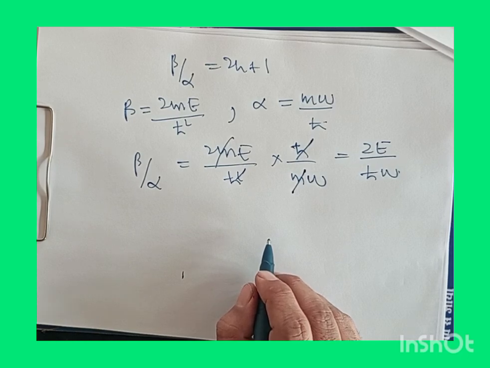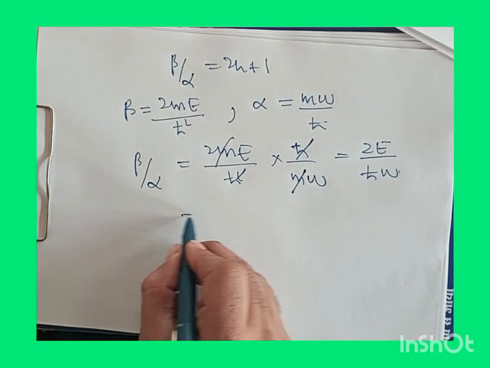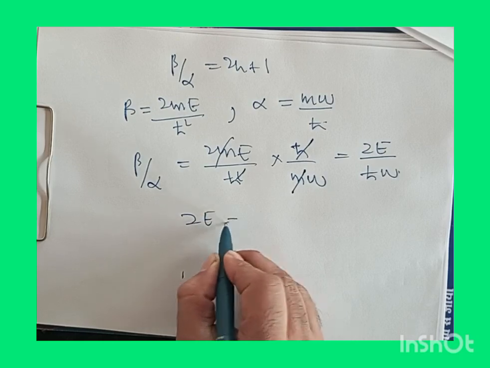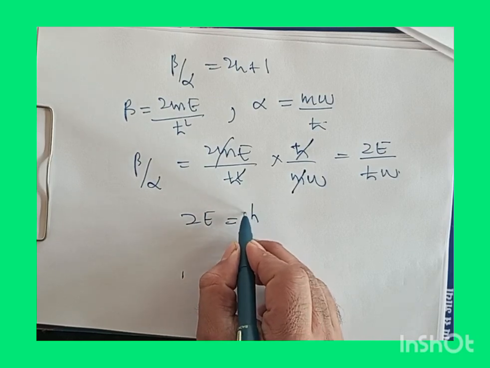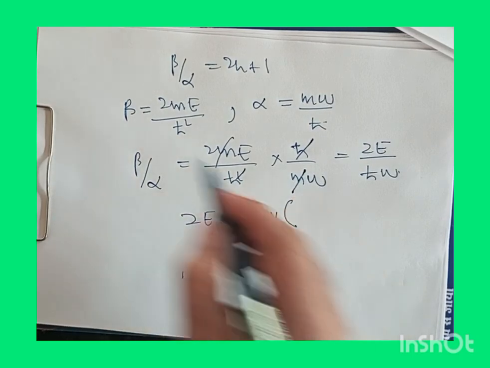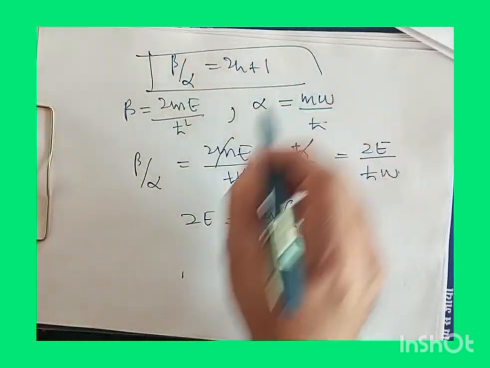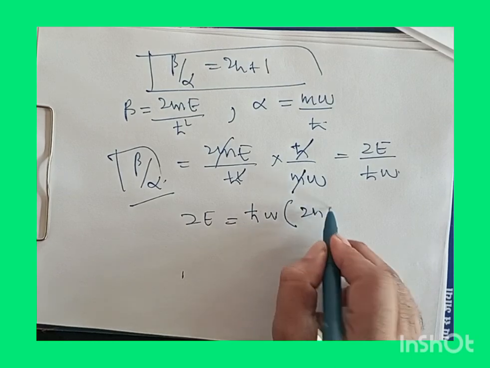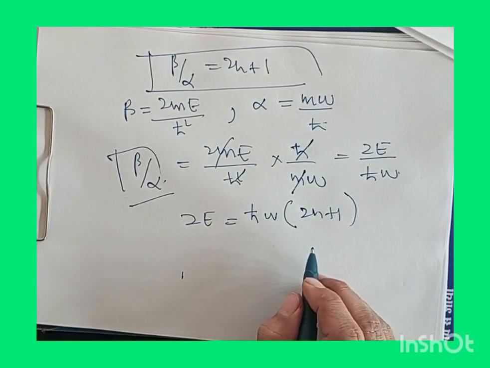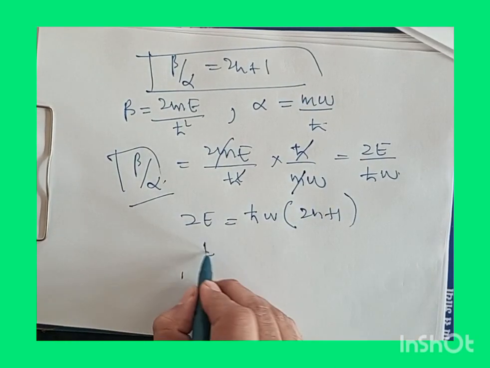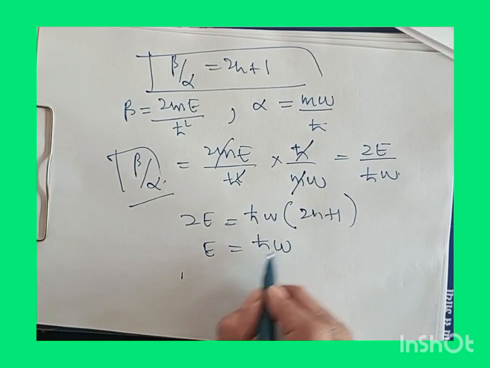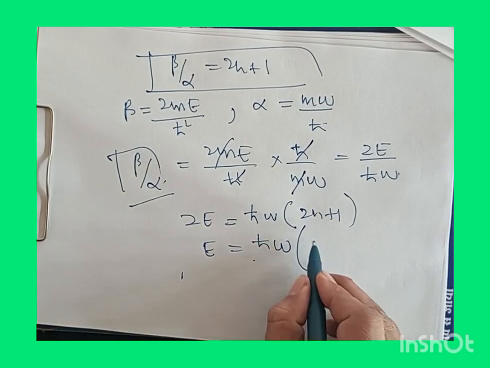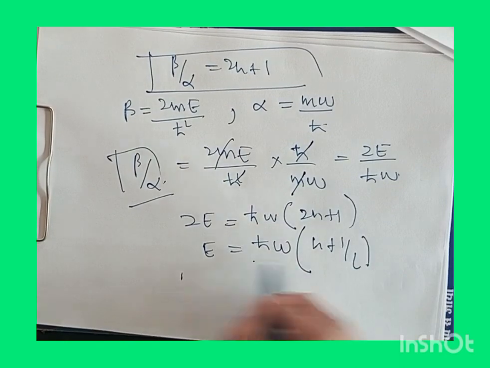So what we can say is that this 2E is simply h cross omega times, what is this, beta by alpha? That's 2n plus 1. And E can be calculated as h cross omega times n plus 1 by 2.